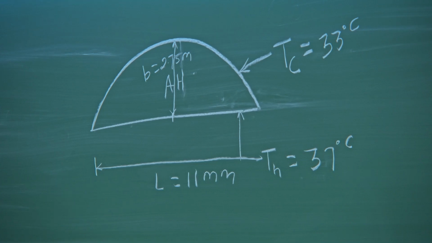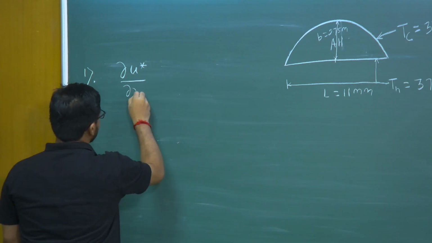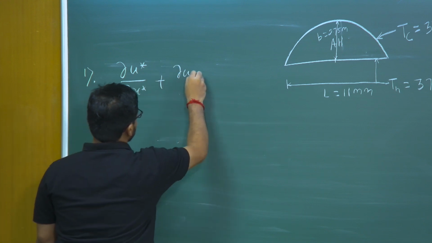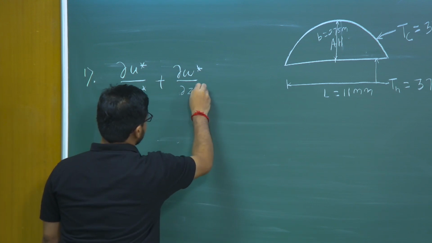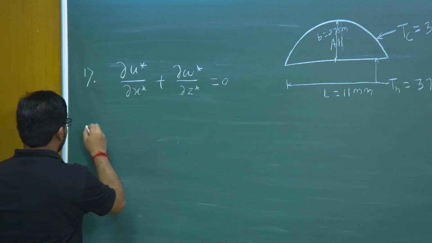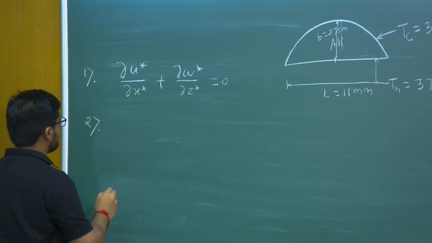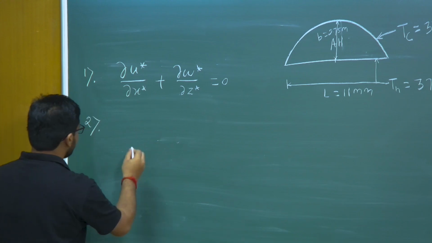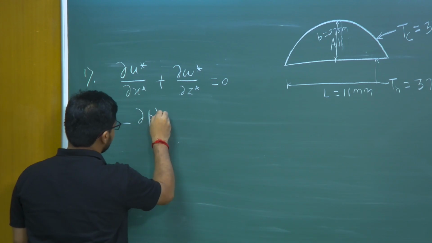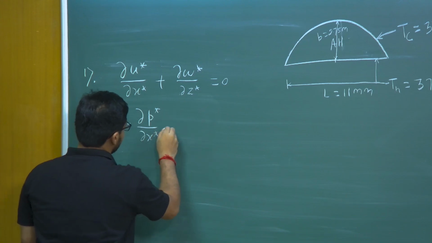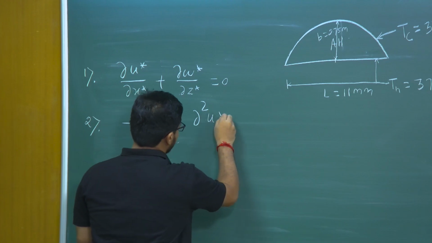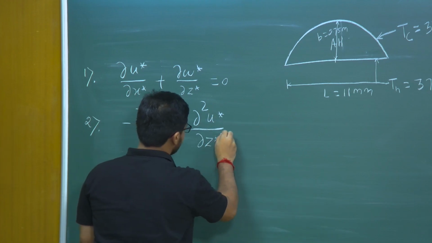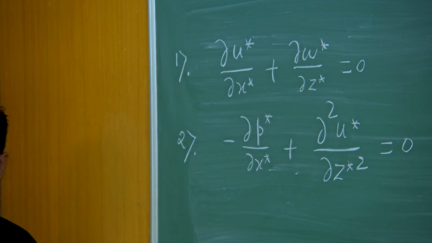The dimensionless continuity equation came as dou u star upon dou x star plus dou w star upon dou z star equal to 0, and from the x momentum balance after lubrication approximation, at the leading order you had gotten dou p star upon dou x star plus dou square u star upon dou z star square equal to 0, right. So, these were two equations which we had got yesterday.